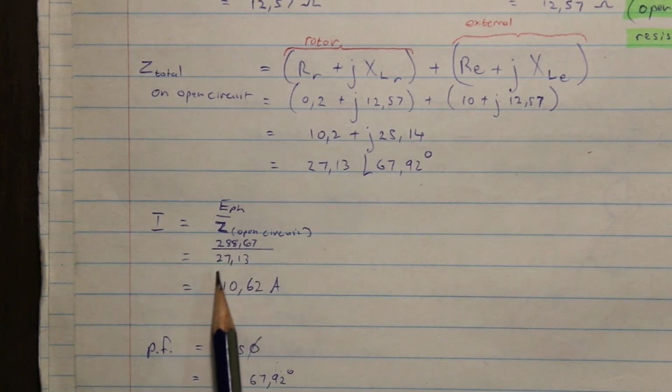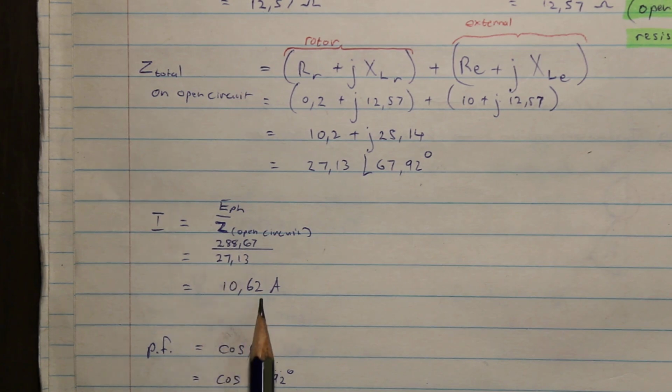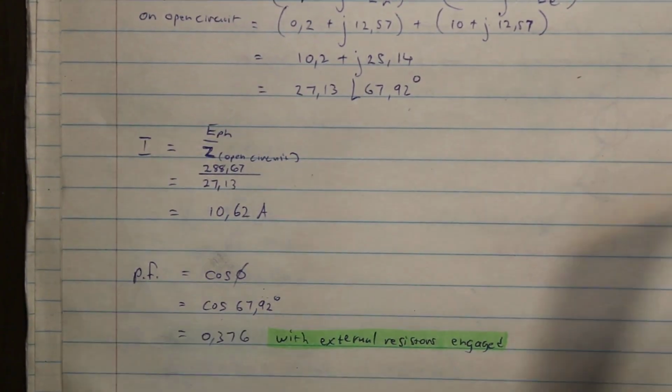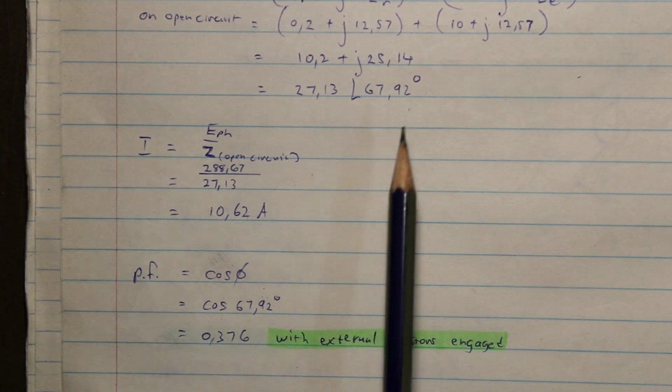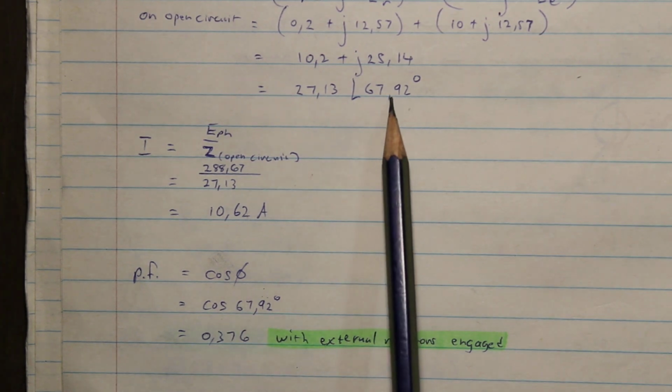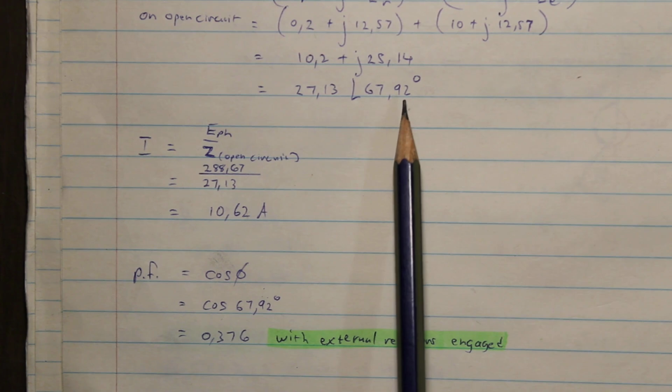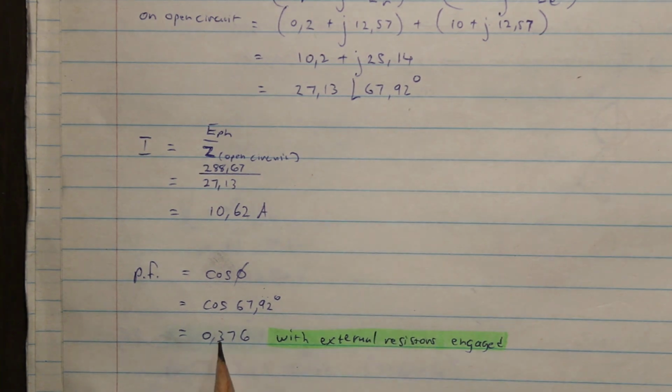And that is just 288.67 divided by 27, and we get the current in the phase. The power factor is just power factor equals cos phi, and we have the phase angle 67.92, and then we can calculate the power factor with the external resistors engaged.